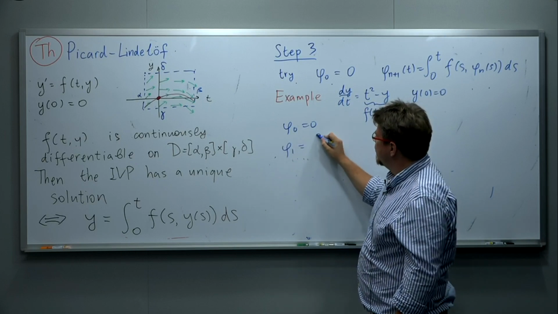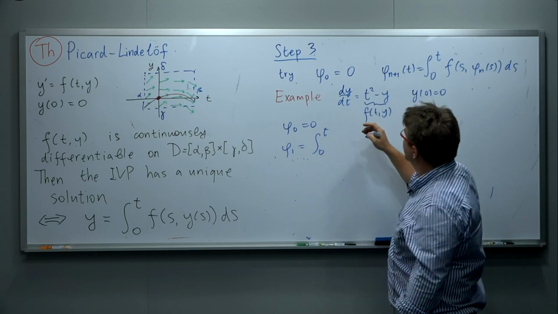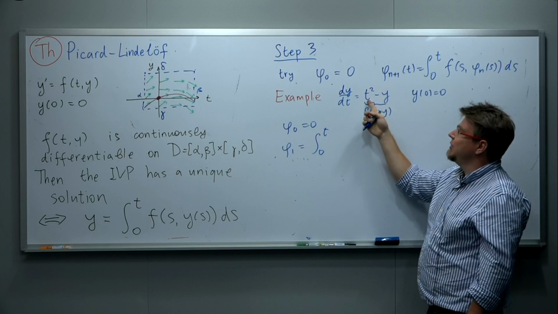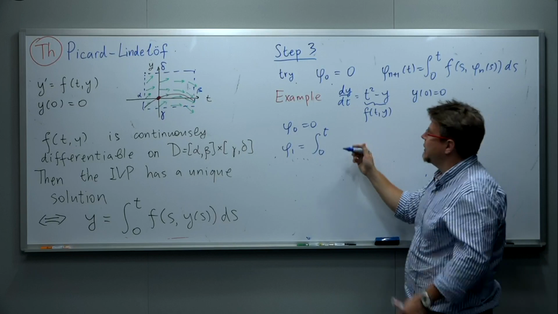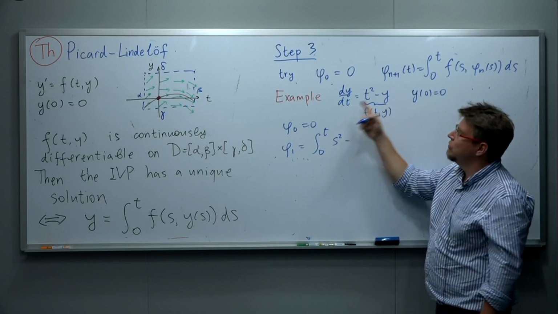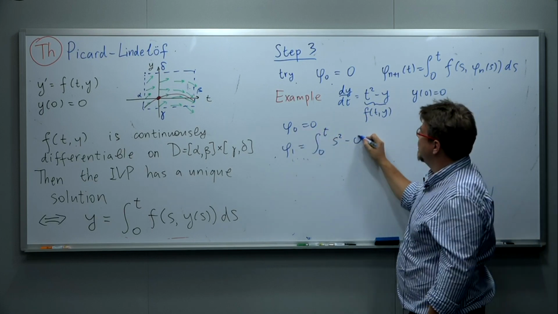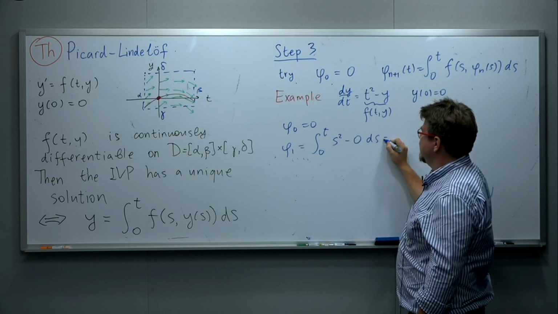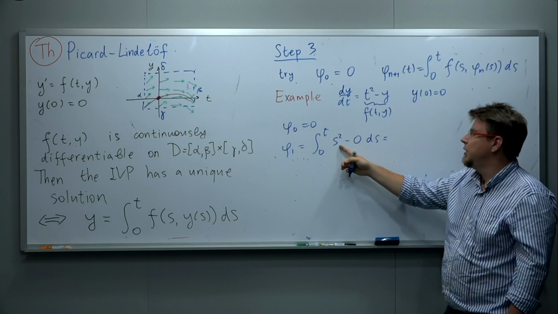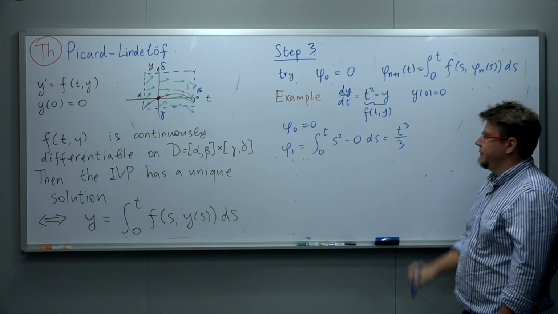Phi 1 is going to be the integral from 0 to t of this thing. But instead of t, I need to substitute s because I'm going to integrate with respect to ds. So s squared minus, and y is going to be the previous phi, in this case phi 0, which is 0, ds. And the antiderivative of s squared is s cubed over 3. So this is t cubed over 3.